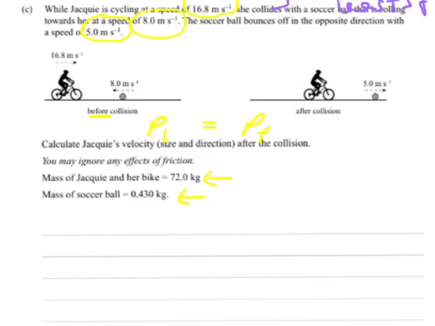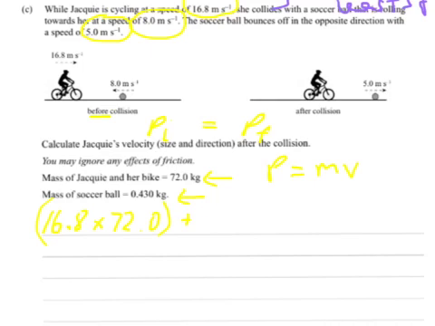So we shouldn't encounter anything too surprising. Let's do the initial ones to find out what the total initial momentum is. Momentum is mass times velocity. So 16.8 times 72.0, 3 SF in all of those. That's the momentum of Jackie on her bike, plus the momentum of the ball, which is in the opposite direction.